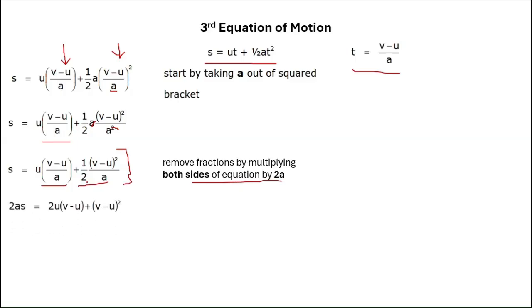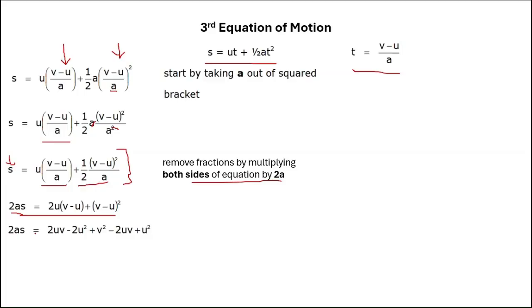So when 2a is multiplied on this side and on this side as well, we get 2as is equal to 2u into (v minus u), where a gets cancelled, plus (v minus u) square. The 2a is multiplied, so it gets cancelled here. So we have this final equation, and we will simplify it further.